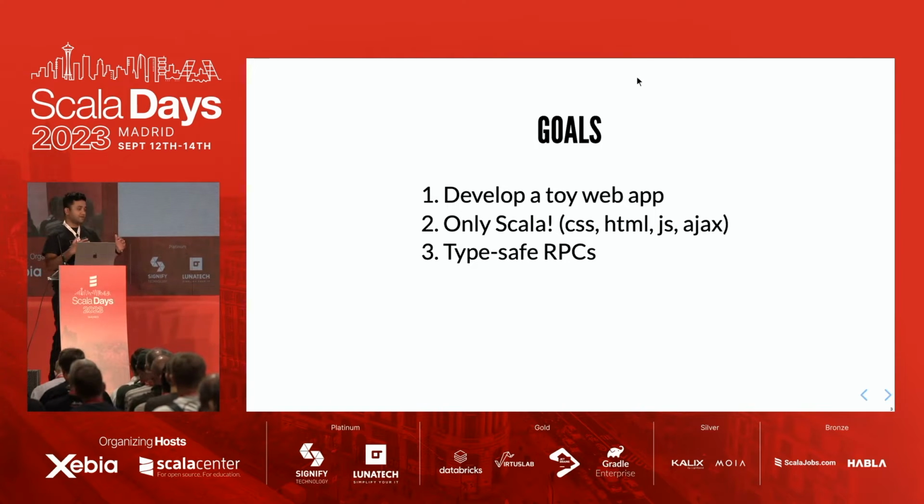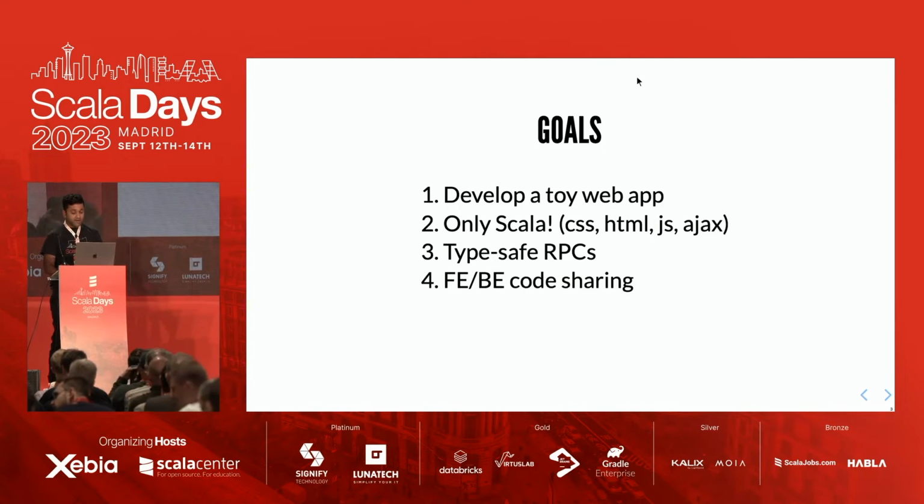So when your front end calls a backend API, you would get compile errors if things don't match up, like your backend API doesn't implement the interface that your front end is invoking. We'll also show the benefits of doing full Scala for front end and back end. We'll be doing code sharing. So you can share your model classes, your case classes, your validation logic between the front end and the back end.